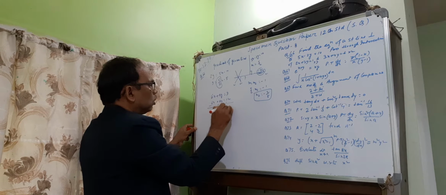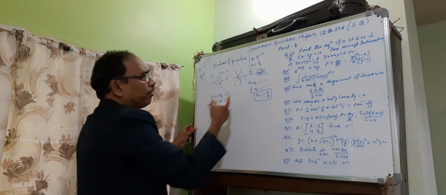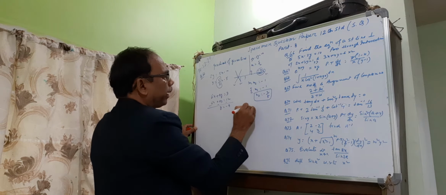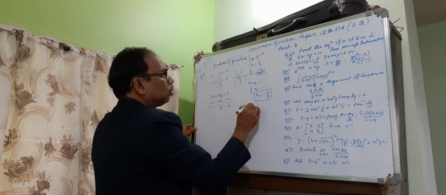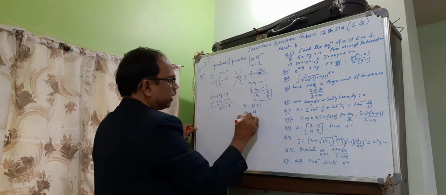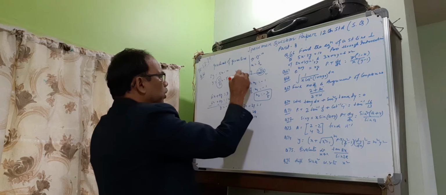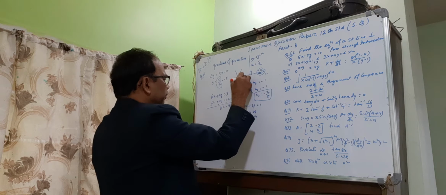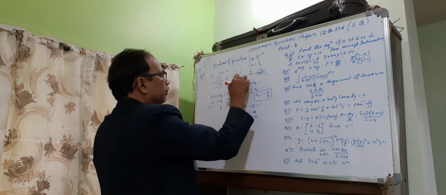Then y equals minus 9. Putting the value of y, 2x minus 27 equals 1, 2x equals 28, that is x equals 14. The coordinates of the intersection are 14, minus 9. That is the point of intersection.